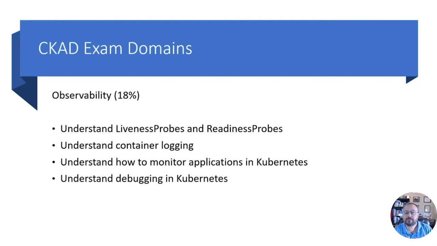So it's liveness probes, readiness probes, container logging, how to monitor applications, how to debug. So that's really observability. That's 18% of the exam. So this is an exam area that we really need to get to know because this could make or break our passing of the exam. So it's just a lot there.